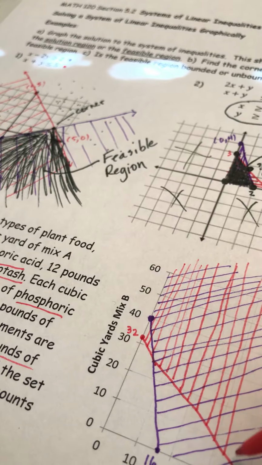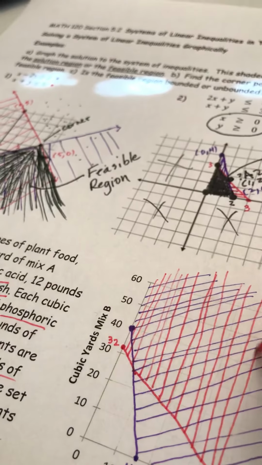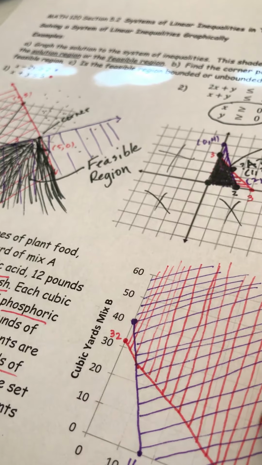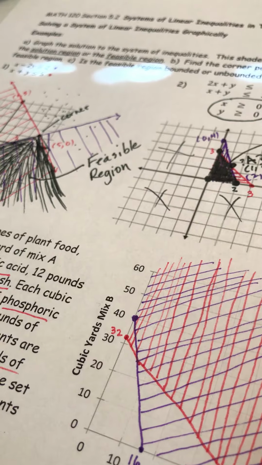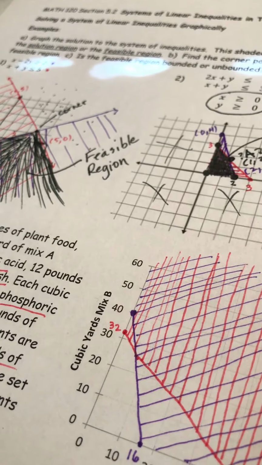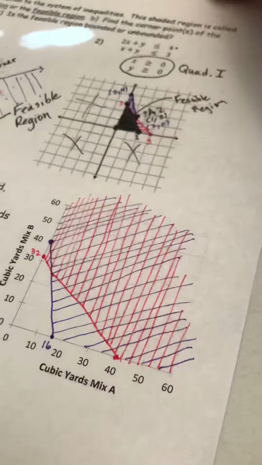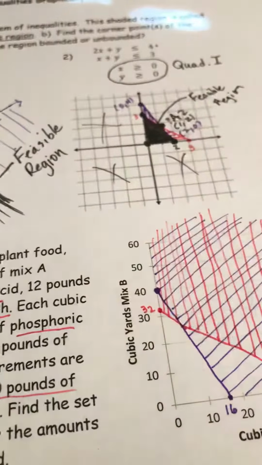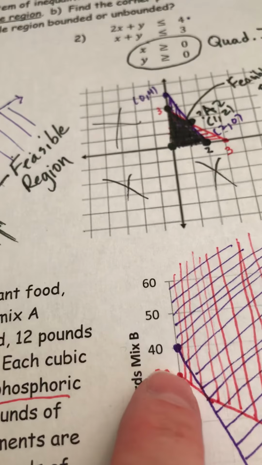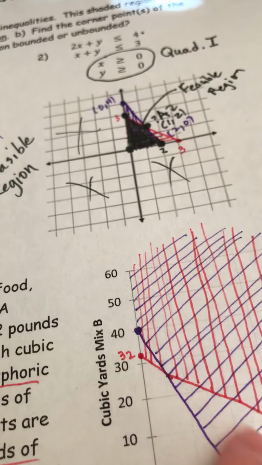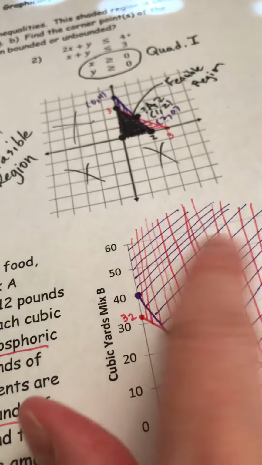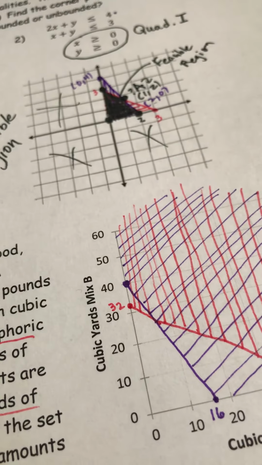It pays off if you take your time to draw these. And only go to the x-axis because everything's positive. There we go. And there is purple and red. Now notice in this little corner only red is in there. Here only purple. Here nothing. Here's purple and red. Now we've got the green.